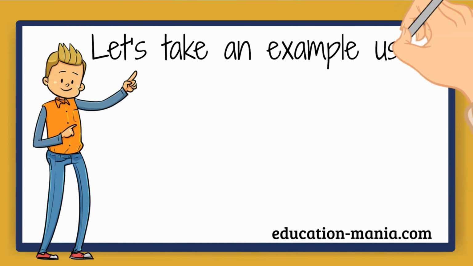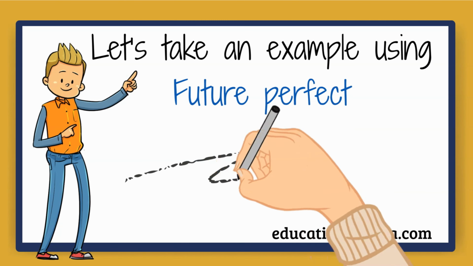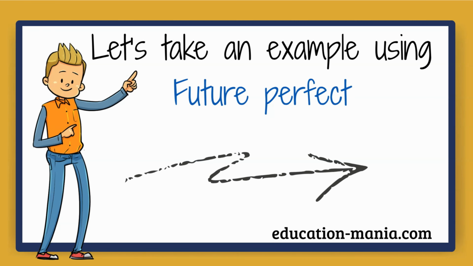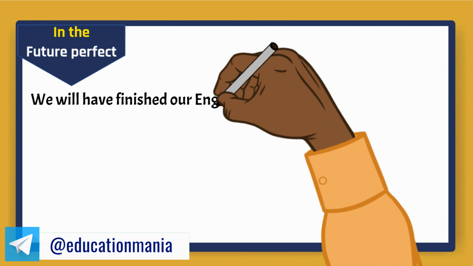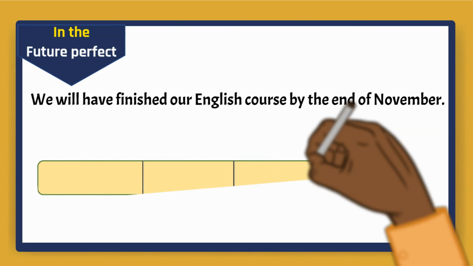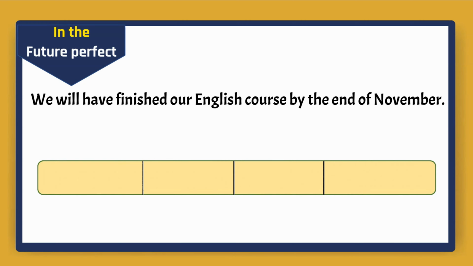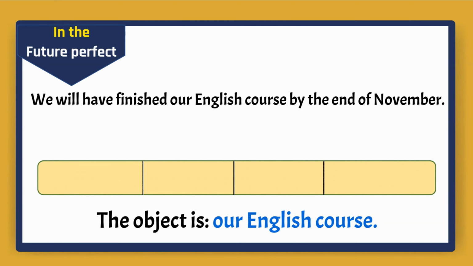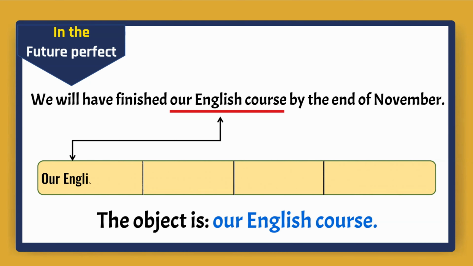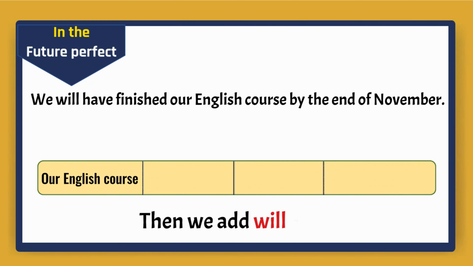An example using future perfect. We will have finished our English course by the end of November. The object is our English course. Then we add will have.